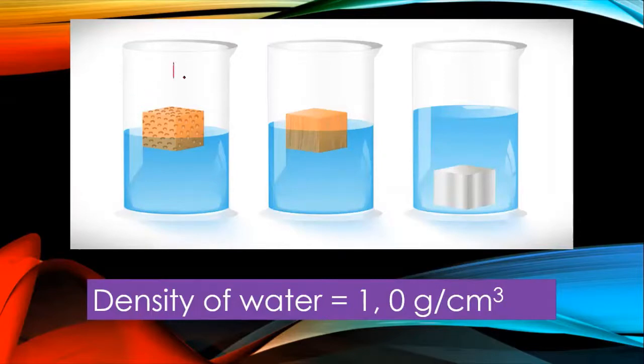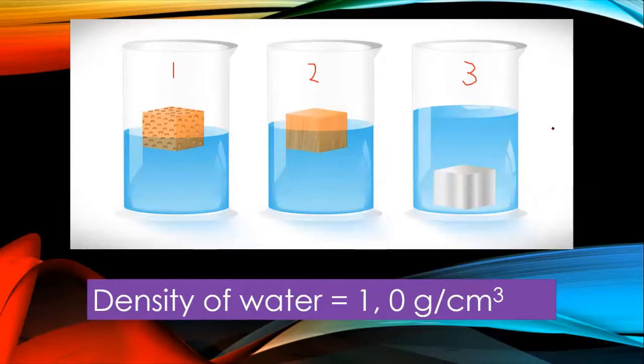Let's call this beaker 1. We call this guy beaker 2. And we call this guy beaker 3. All right. Which beaker has an object that is denser than water? Number 3. Obviously, it sinks. Which one of those, 1, 2, or 3, has an object with a density almost the same as water?